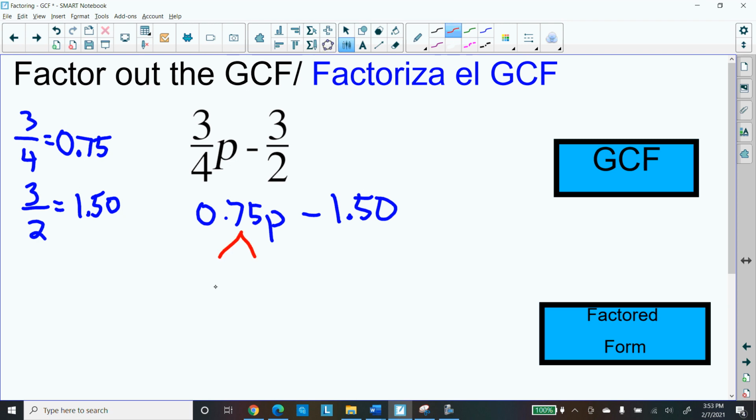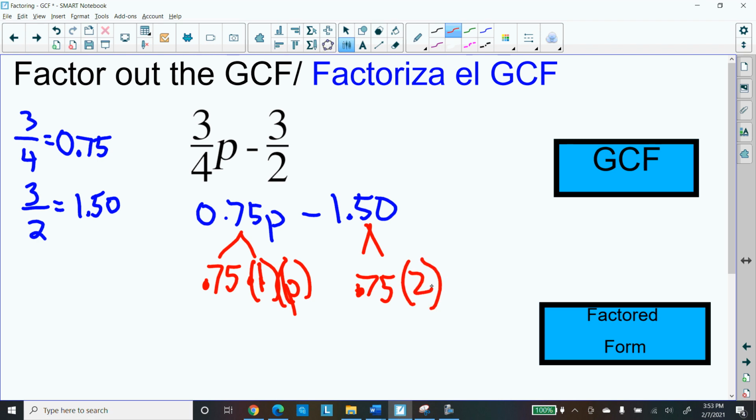So I notice 0.75 times 1 times p, and this will also be 0.75 times 2. So I notice that 75 cents is the common factor, the greatest common factor.